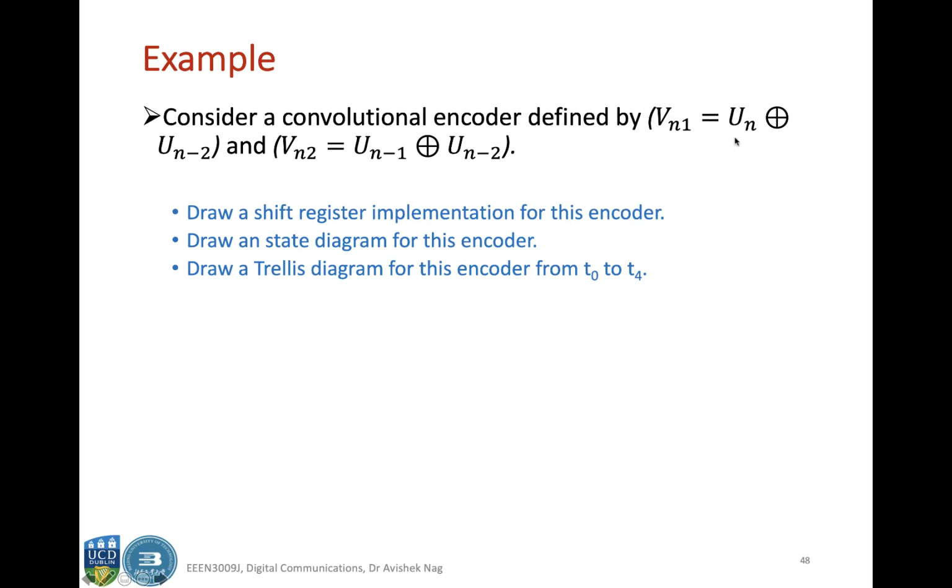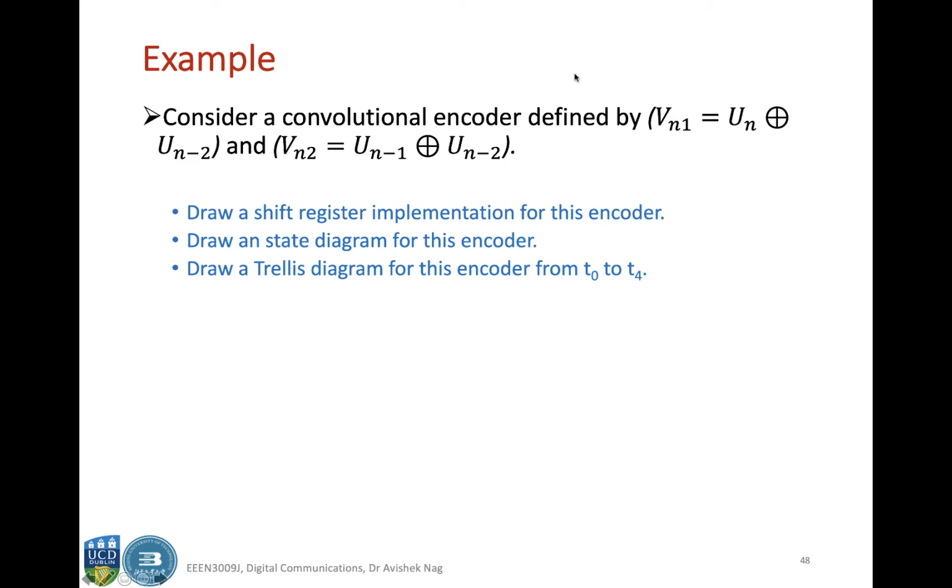So vn1 is un modulo 2 added to un minus 2, and vn2 is un minus 1 modulo 2 added to un minus 2. Draw a shift register implementation for this encoder, draw a state diagram for this encoder, and draw a trellis diagram for this encoder from t0 to t4.